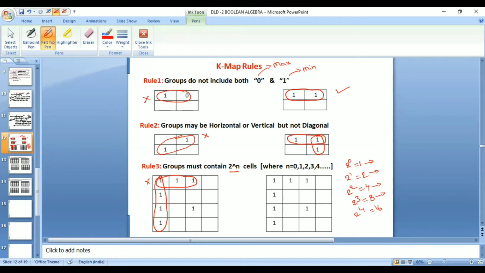So the correct way of grouping this example is: this one separately, these 4 separately, and these 2. So this is the correct way to group the minterms. This is about rule 3. Hope you understand rule 1, rule 2, rule 3.